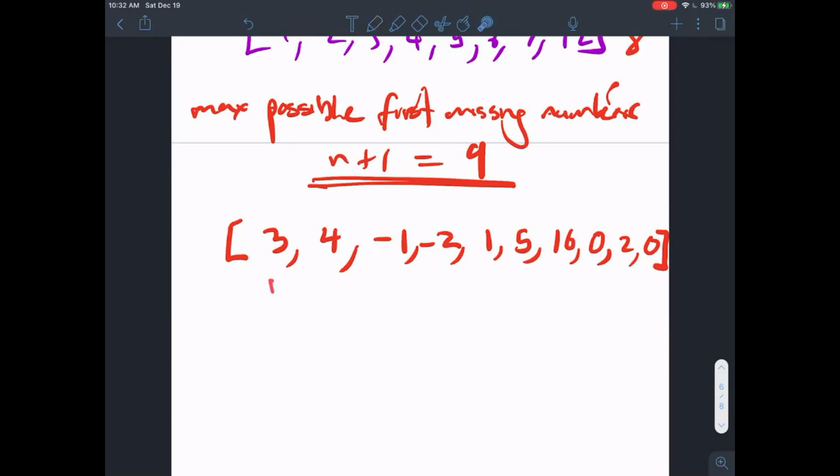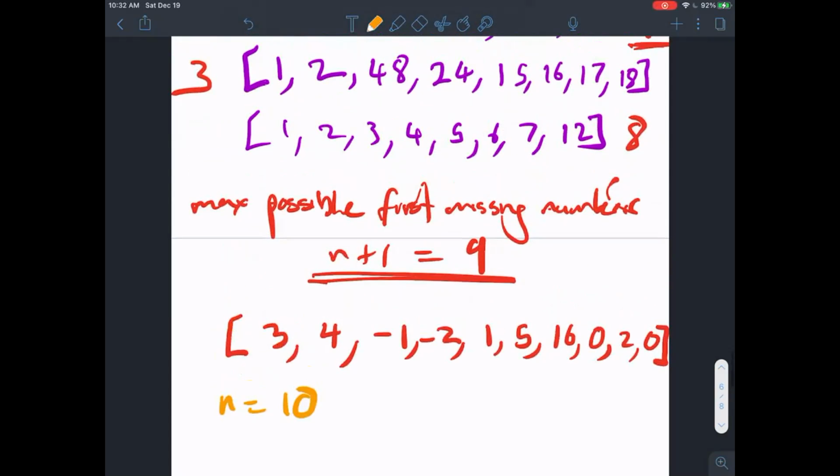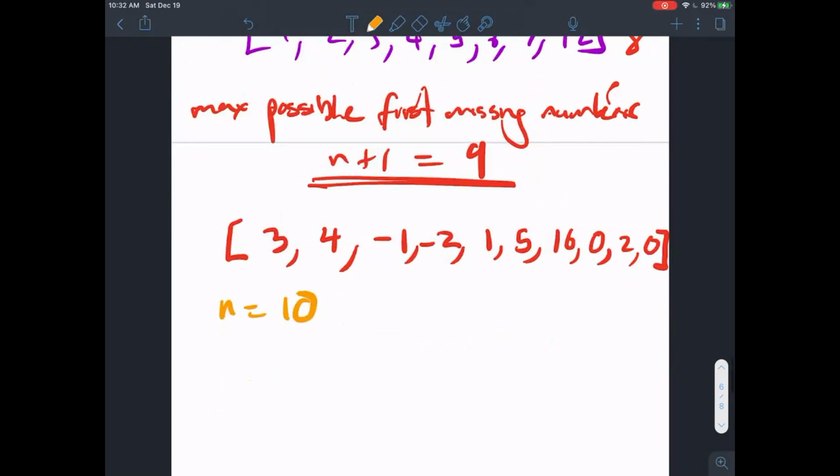We have 1, 2, 3, 4, 5, 6, 7, 8, 9, 10. So n is equal to 10. By just scanning through that, using this observation, the maximum possible first missing digit should be n plus 1, which should be equal to what?